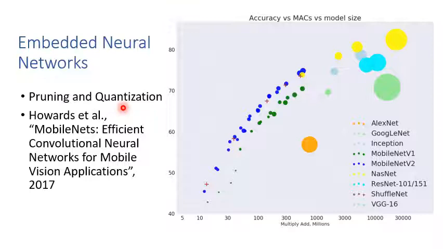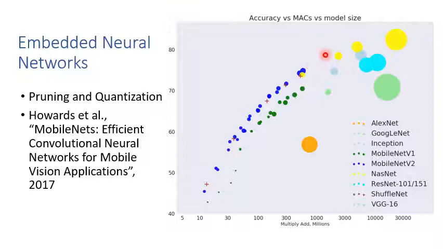Okay, so there are several famous embedded neural network models. One is MobileNet. Here's a figure that shows that MobileNet has much fewer operations, much fewer MACs than AlexNet. However, it has achieved higher accuracy.